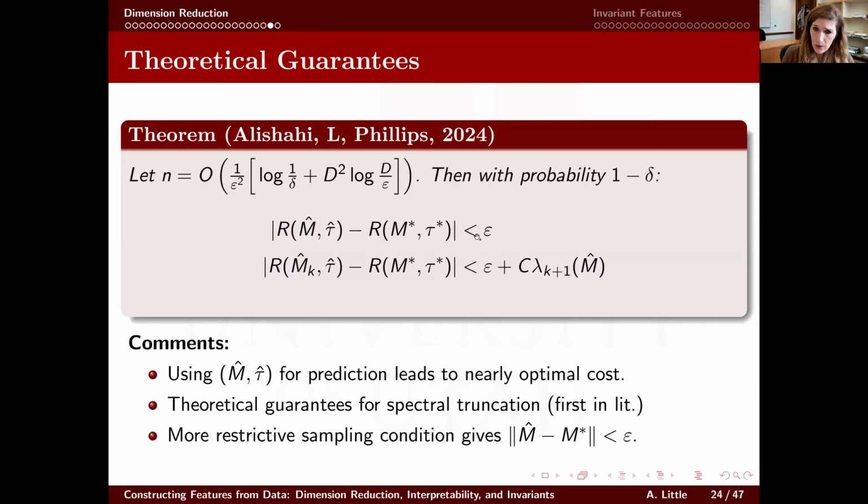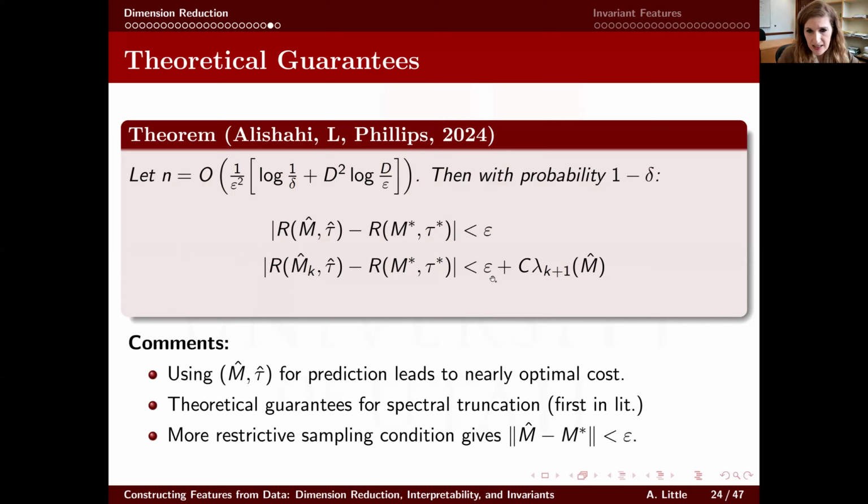You can also show that if the underlying true M has a low rank structure and you apply a spectral truncation to your estimation for the M, then it still achieves a nearly optimal cost.